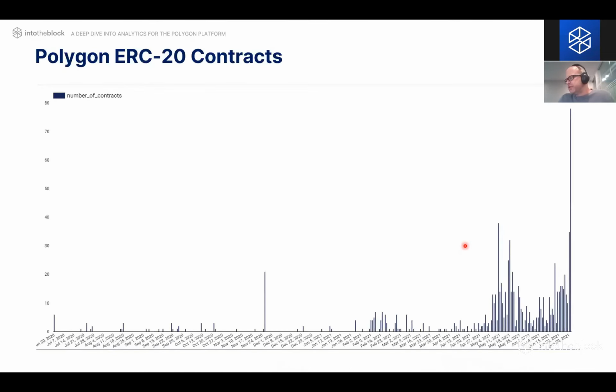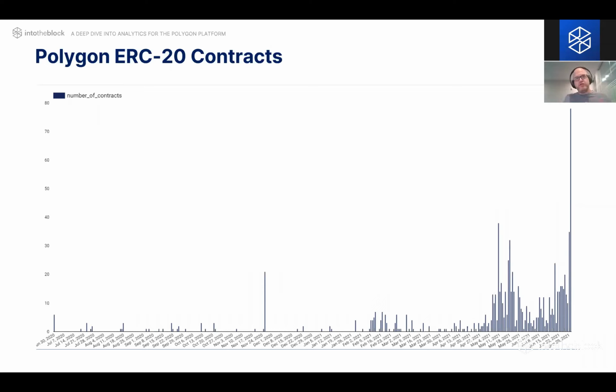And look at this, right? It's very negligible for months, a few spikes here and there, but in single-digit territory. And then in the last few months, we have had days with 30, 40, and over 70 new smart contracts being deployed on the Polygon platform.